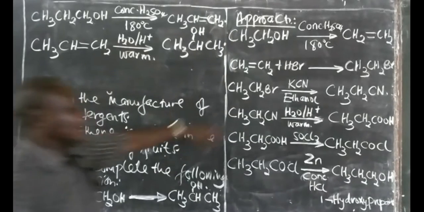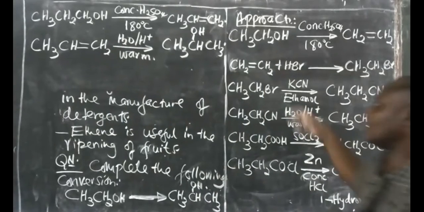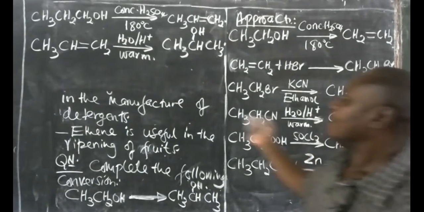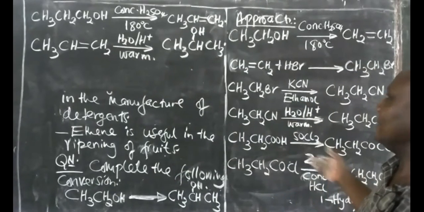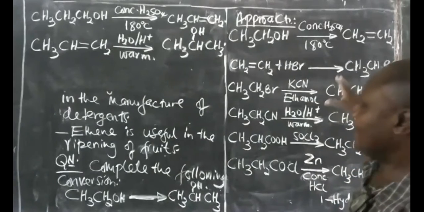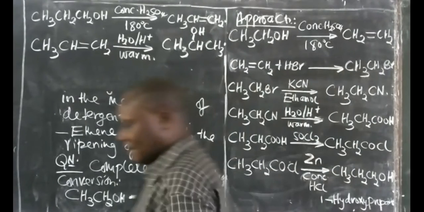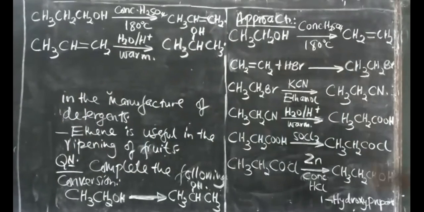Now this one here can assist you to move from one homologous series to another. We can move from alkanes to alkenes. We can move to alcohols, then alkynes. That's the purpose of this, so that we get used to these conversions.